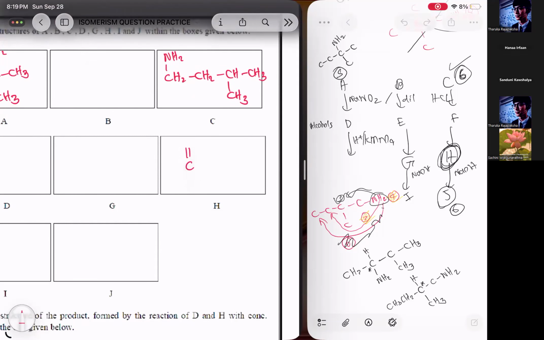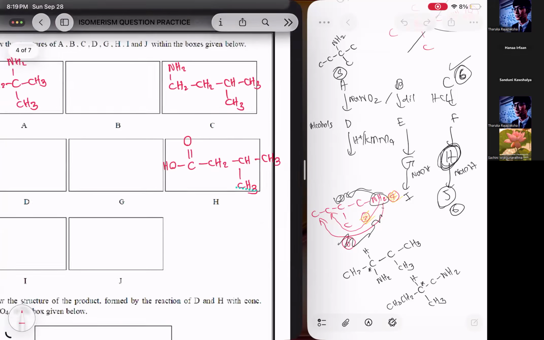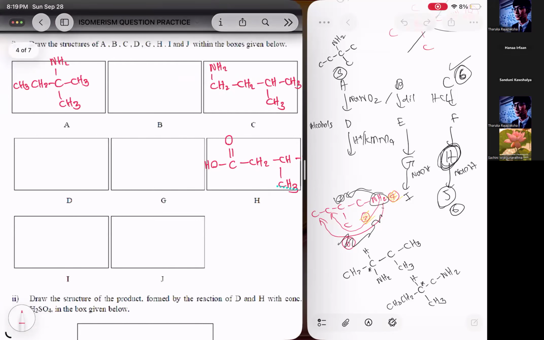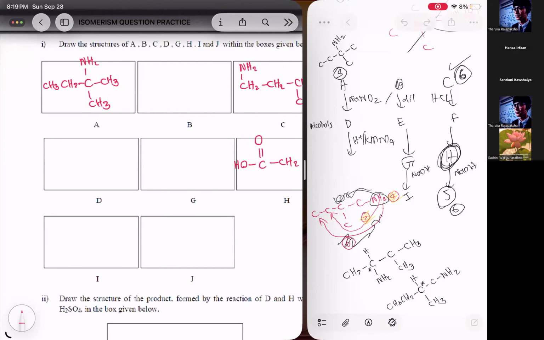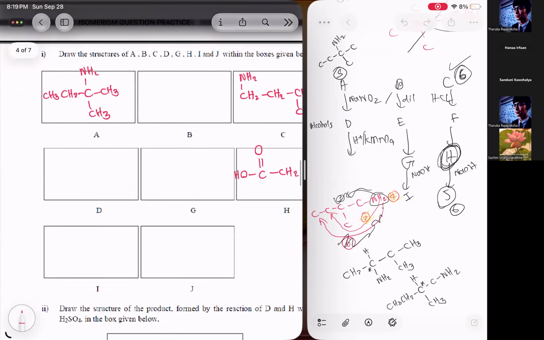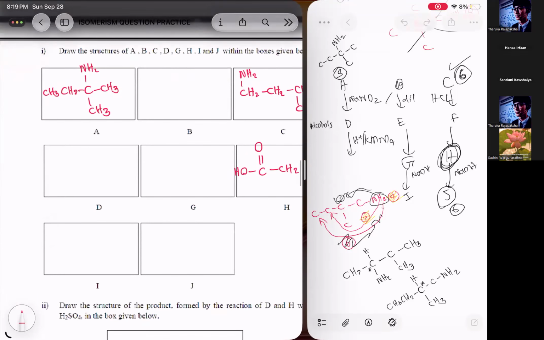So let me draw it like this: OH, CH2, CH, CH3, CH3. There you go. Then compound G. Compound G is formed from B. D is formed from A. So, H plus KMnO4. No, NaNO2 and dilute HCl.